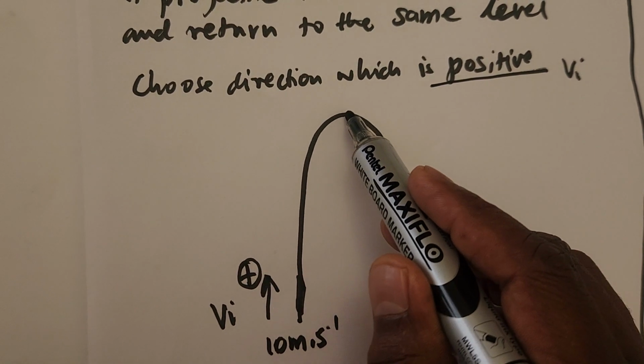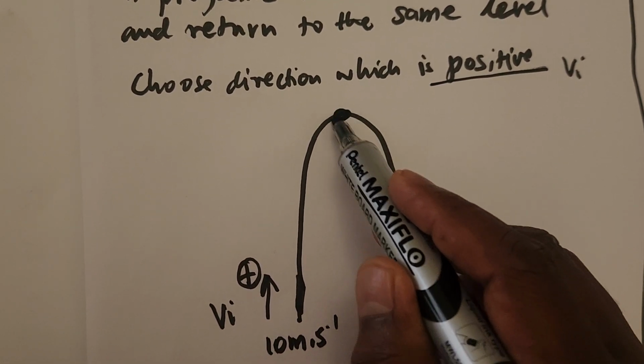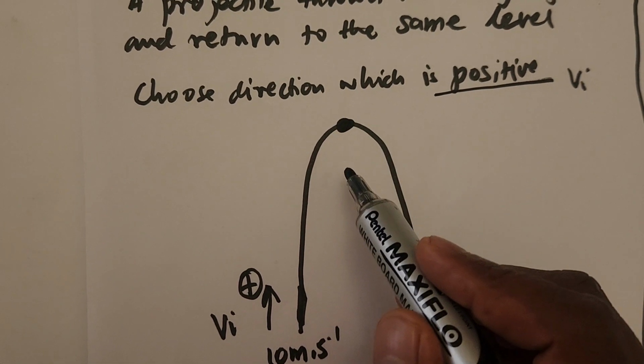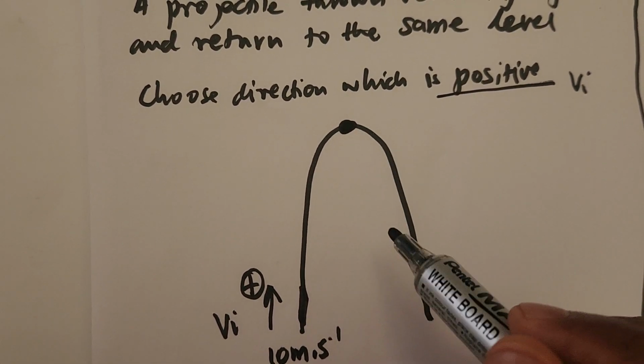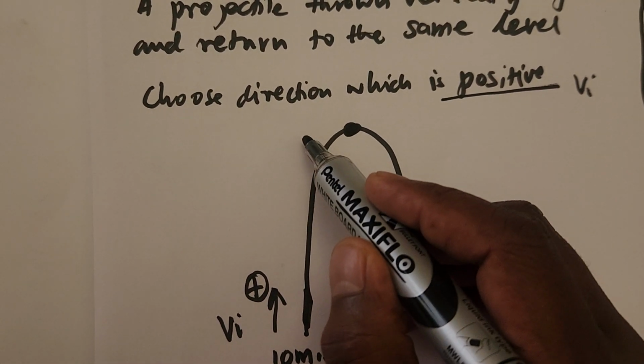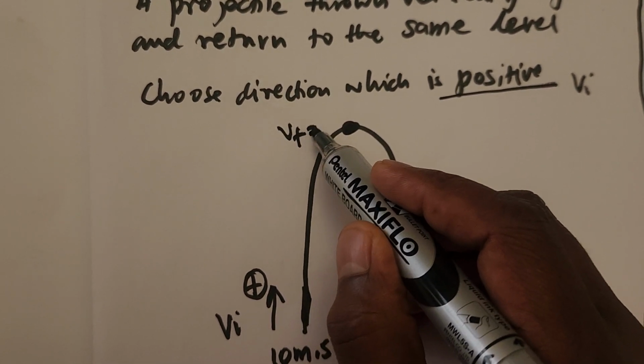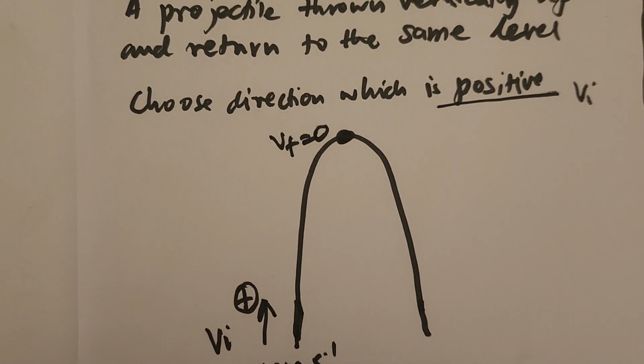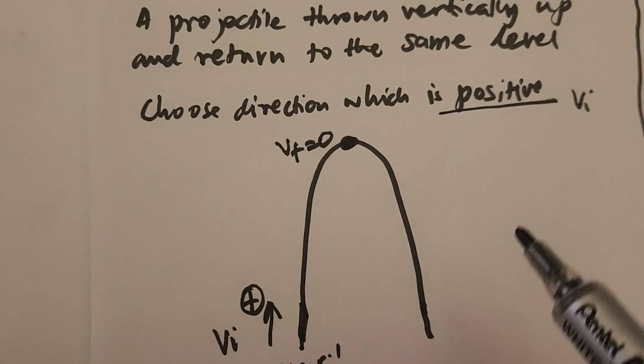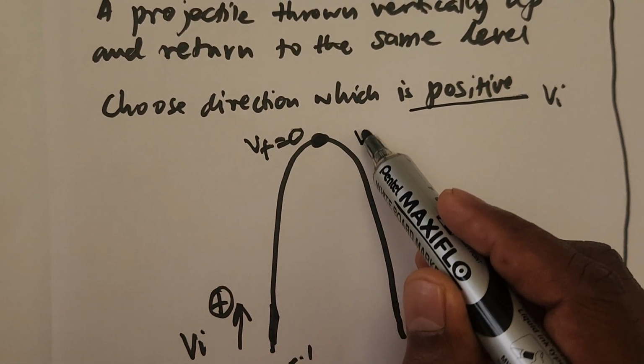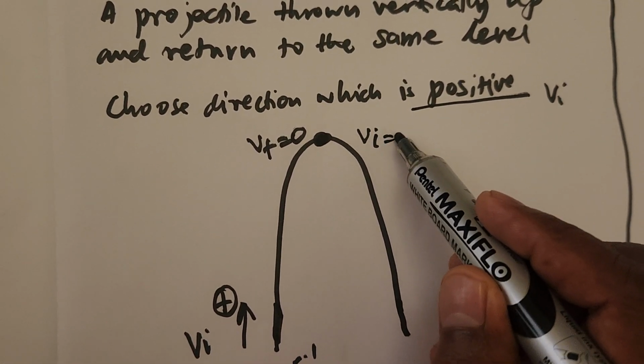Now, at the highest point here, which is the turning point, before the ball can come down, it has to stop. Therefore, the final velocity on its way up will be 0. And then again, the initial velocity on its way down will be 0.